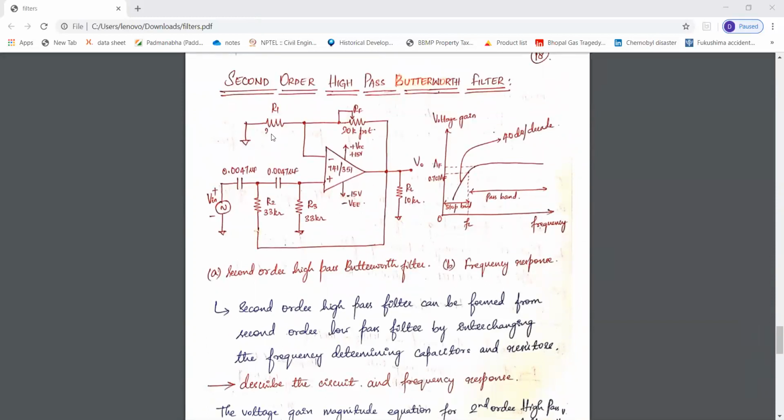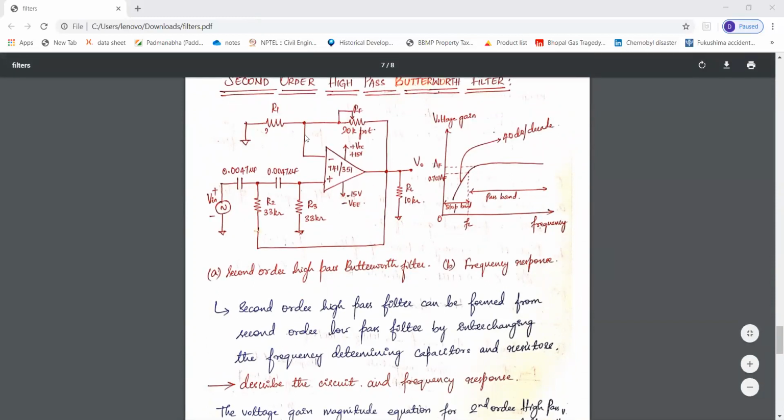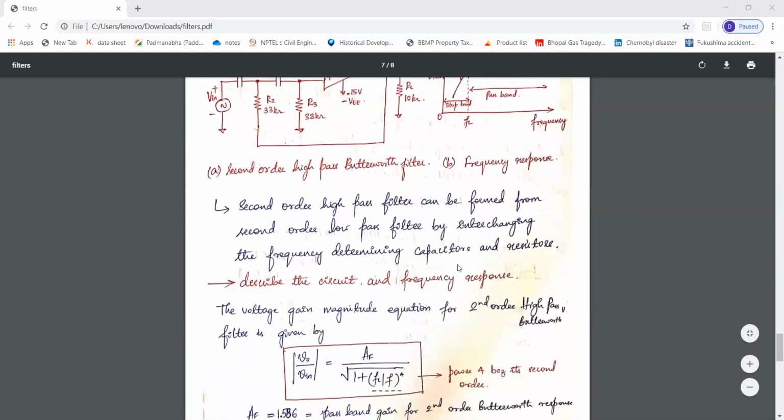Now, the resistors R1 along with RF will determine the gain of the filter, and the capacitors and the resistors R2, R3 will determine the low cutoff frequency. Everything else is the same. Just describe the circuit and write a few sentences regarding the same.